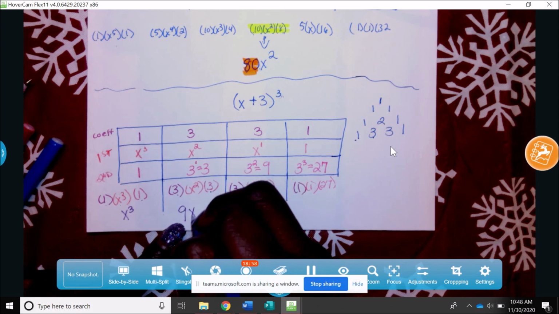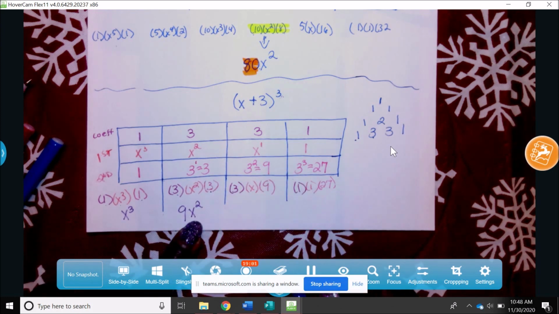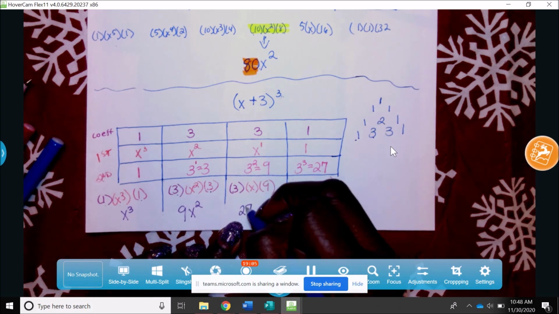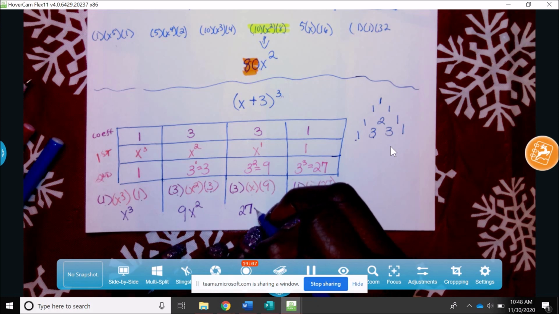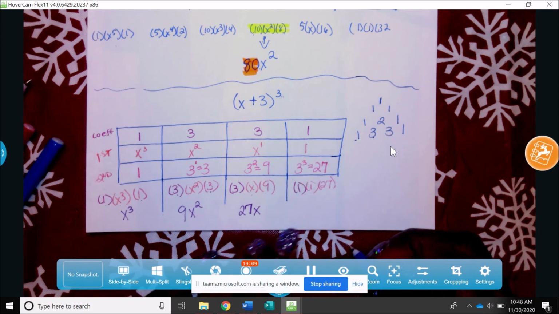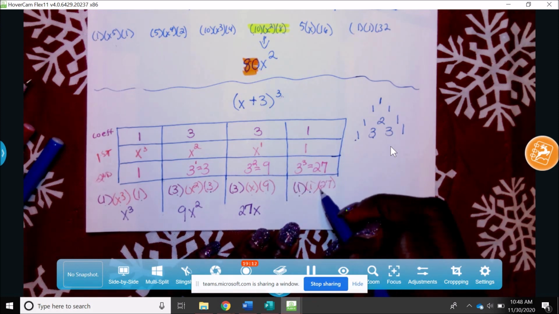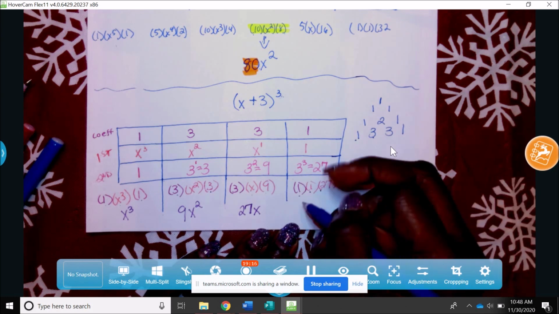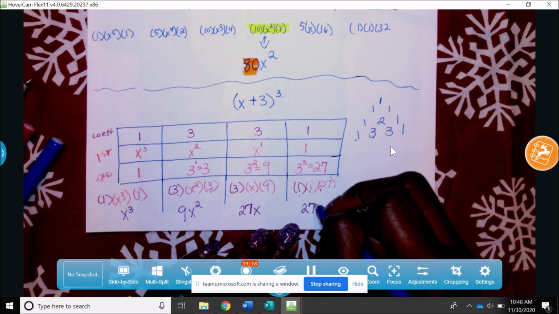And then there's the x squared that we write right next to it. 3 times 9 is 27. There's an x, so we just write the x right next to it. 1 times 1 times 27. These are 3 numbers. You pop them in the calculator. It'll tell you that the answer is 27.